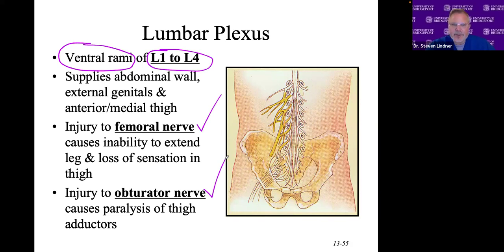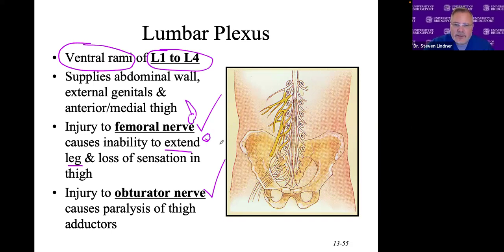The two big nerves that come off that lumbar plexus are the femoral nerve and the obturator nerve. When there is damage to the femoral nerve, there's going to be the inability to extend the leg. Why is that? Well, that's because the femoral nerve goes to your quadricep muscles. So the femoral nerve goes to your quads.